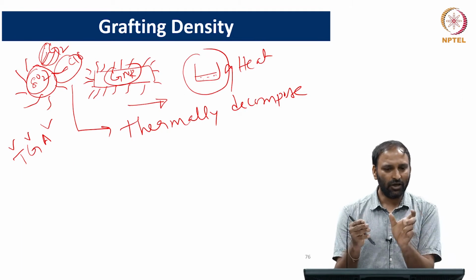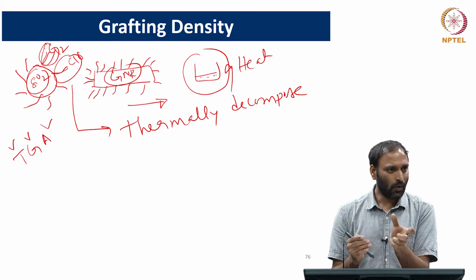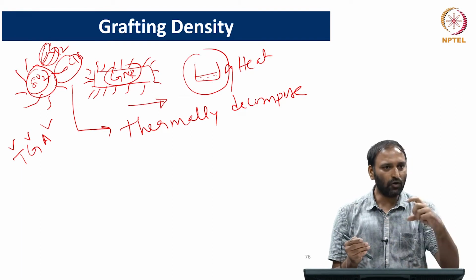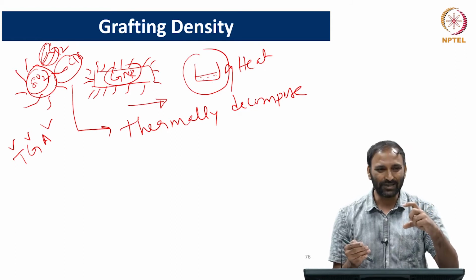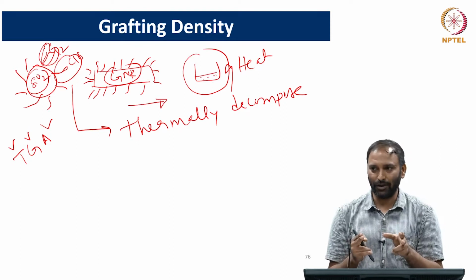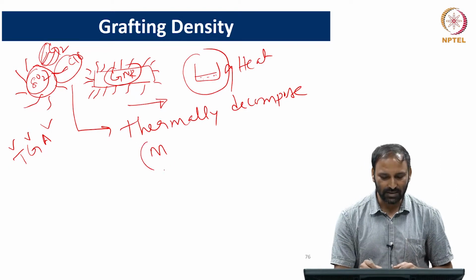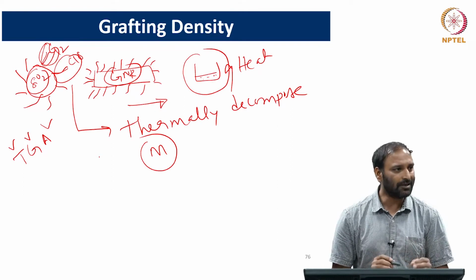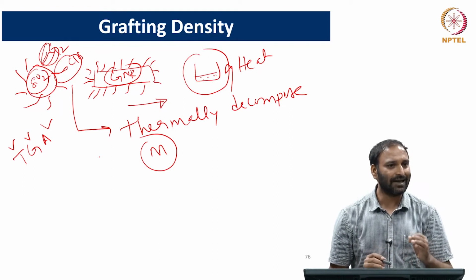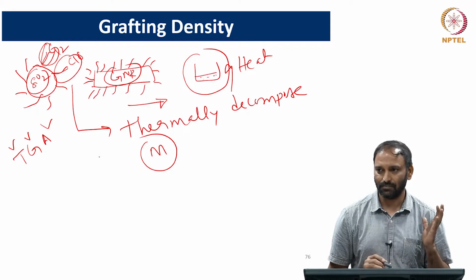If you know that temperature range and estimate the change in mass in that window, you get the total mass of all the grafted molecules in the sample.